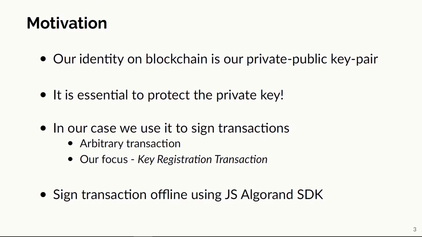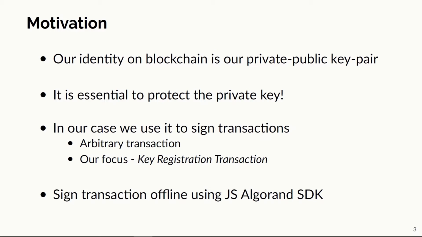On the other side, we have the private key, which we have to really protect because it is bound to our identity. With the private key, we are able to sign new transactions and also participate in the consensus algorithm. Therefore, it's essential to protect this private key, because if someone steals it or you lose it, you basically lose access to your kingdom.